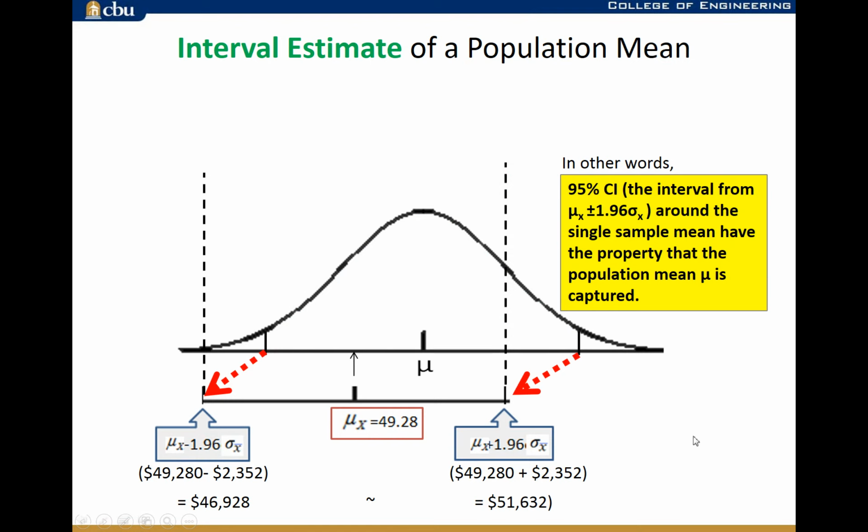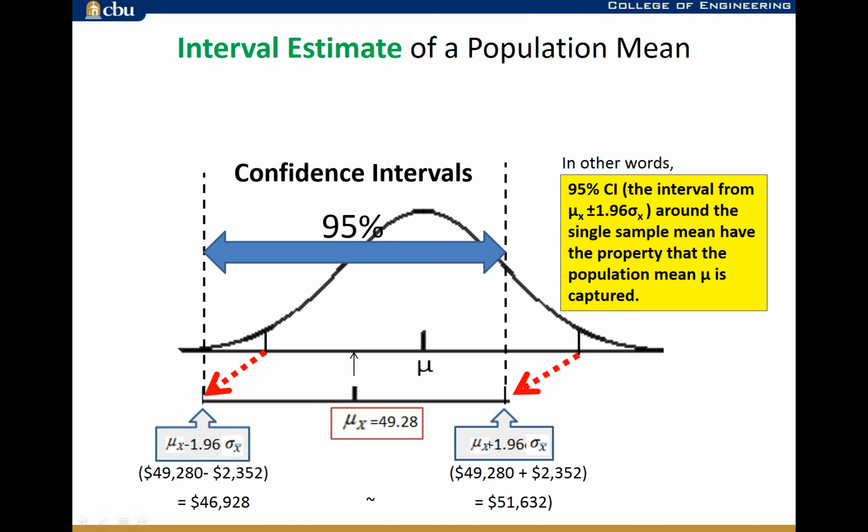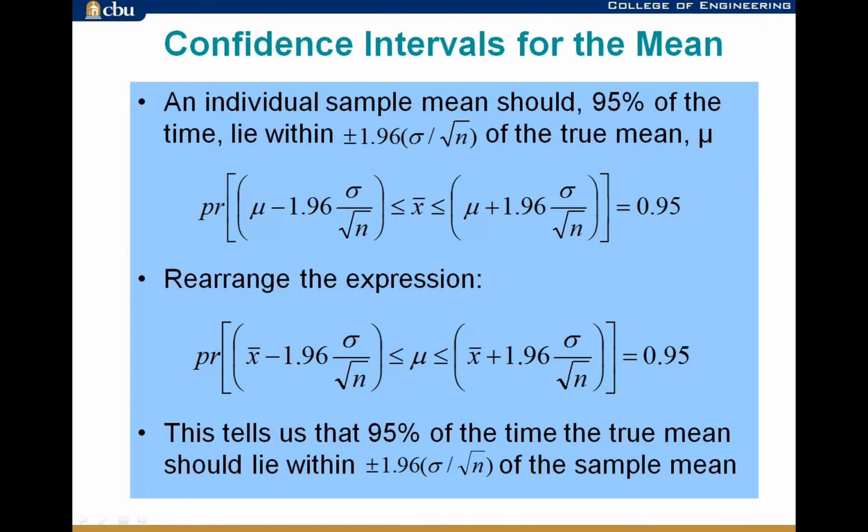Okay, so that is what we say about the data we have, which is 95%. Now you know that the importance of this is confidence intervals for the means.